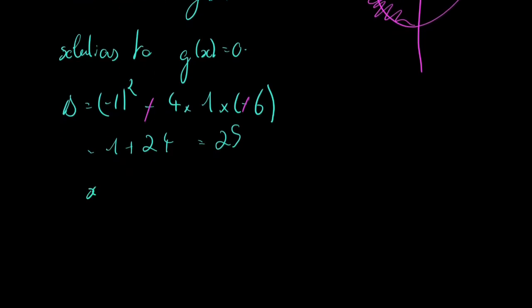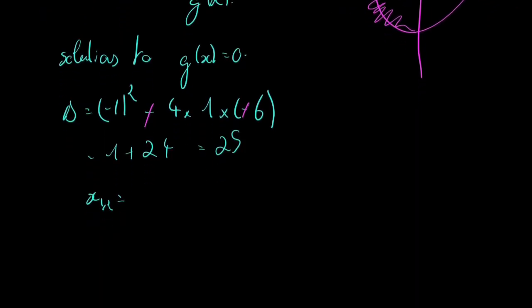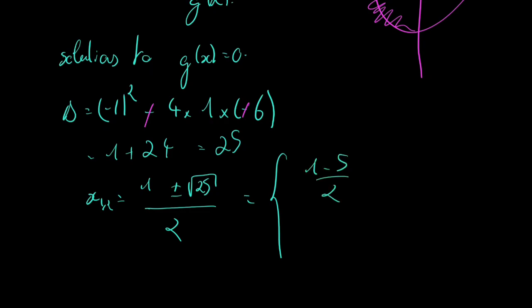And the two roots, x1 and x2, are equal to minus minus 1, so 1, plus or minus square root of 25, over 2, which is equal to either 1 minus 5 over 2, which is minus 4 over 2, which is equal to minus 2, or 1 plus 5 over 2, which is equal to 3.